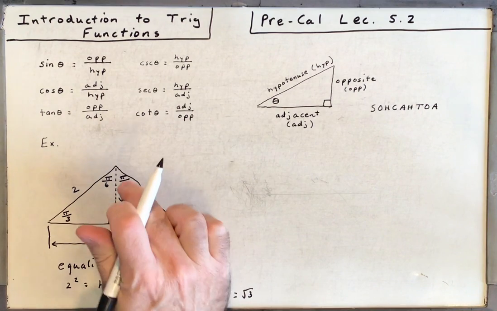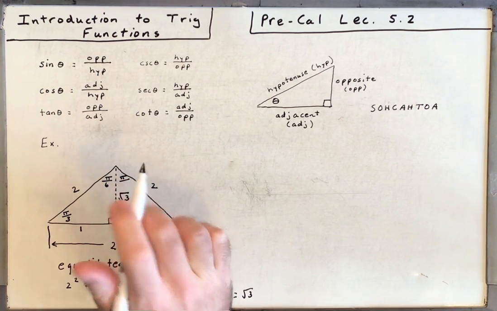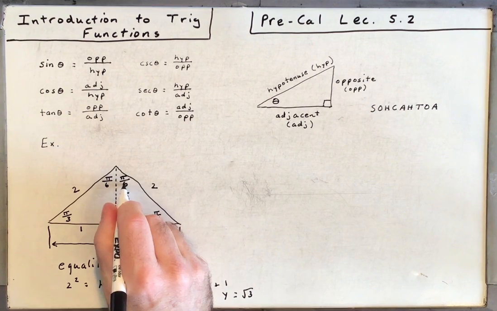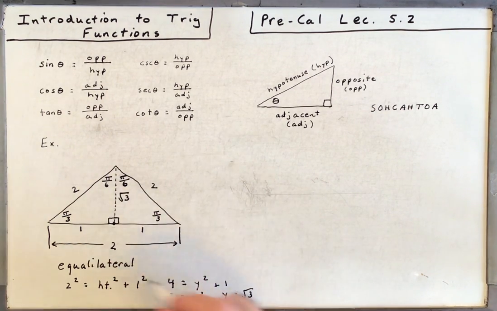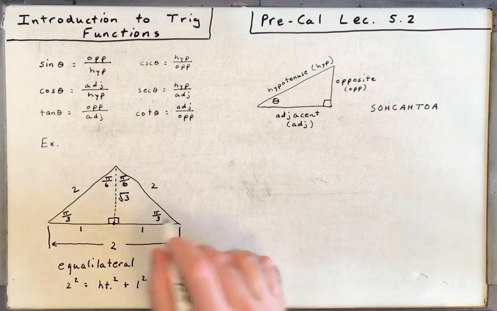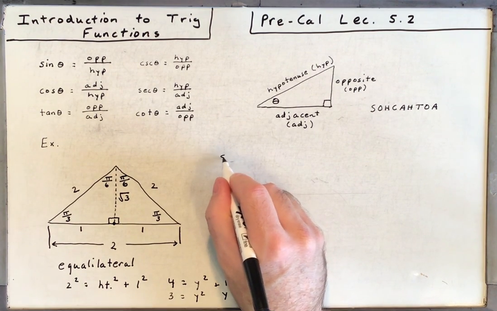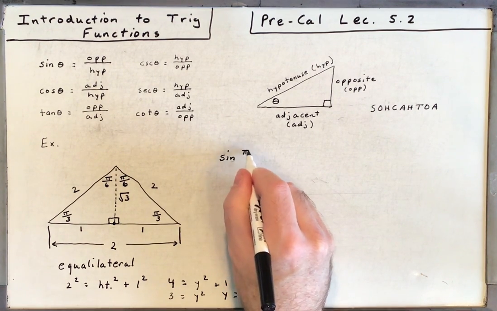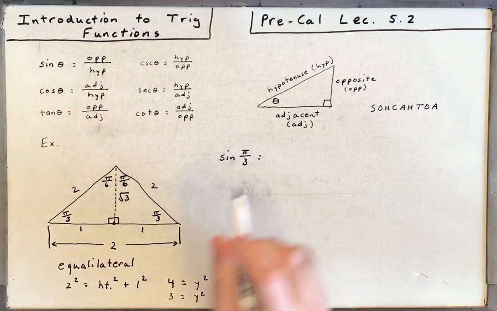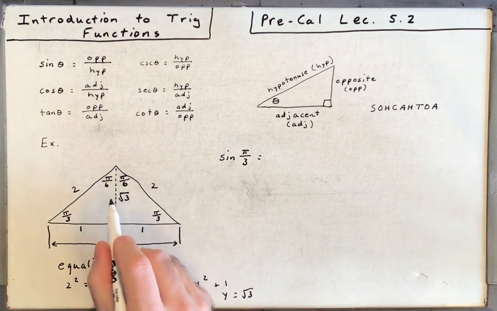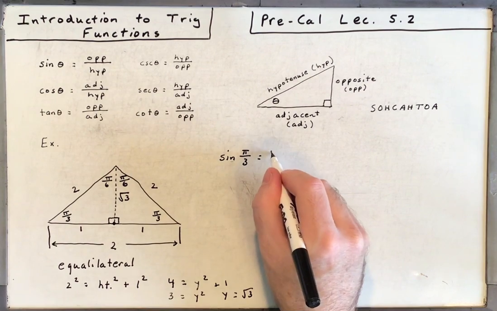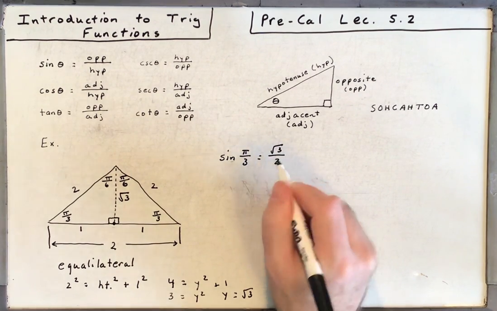So now suddenly we've got all the famous angles on the unit circle in this triangle and in the one in the last example. We can get the sine of pi over 3. The sine of pi over 3 is opposite over hypotenuse, square root of 3 over 2.